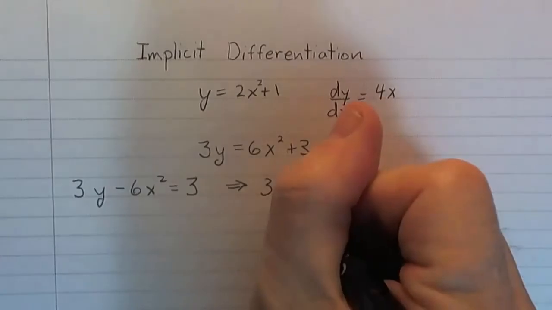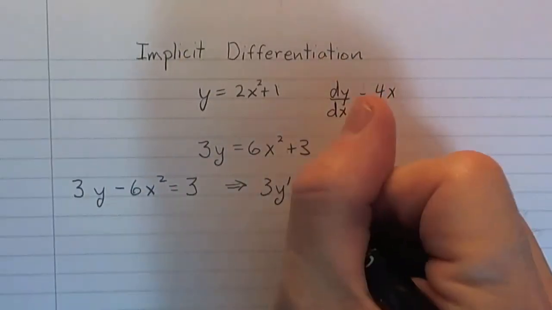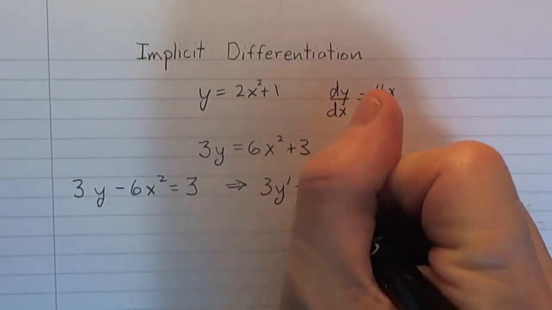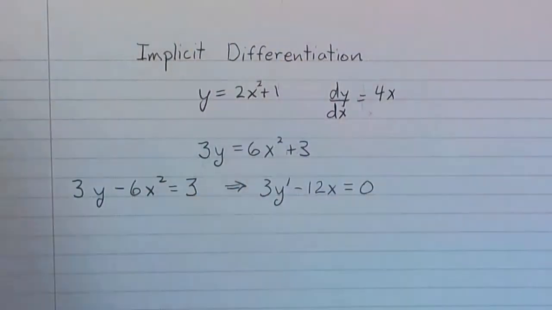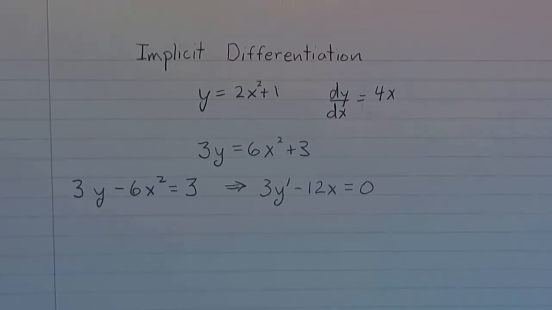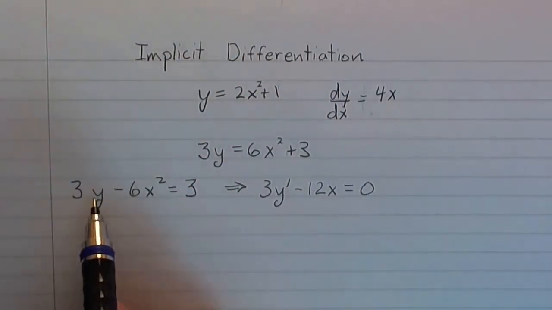Minus, now I differentiate the x part, and I get 12x. And then I differentiate the 3, and I get 0. Notice, I just went through there and differentiated everything I could get my pencil on, right? But when I differentiated the y, since it's the dependent variable, I didn't just call the derivative of y 1.